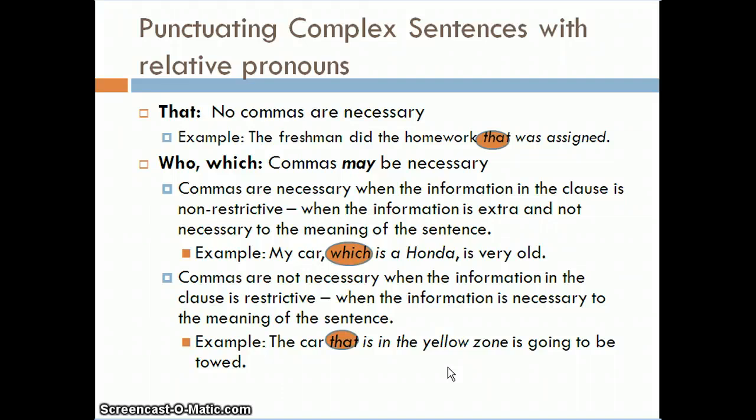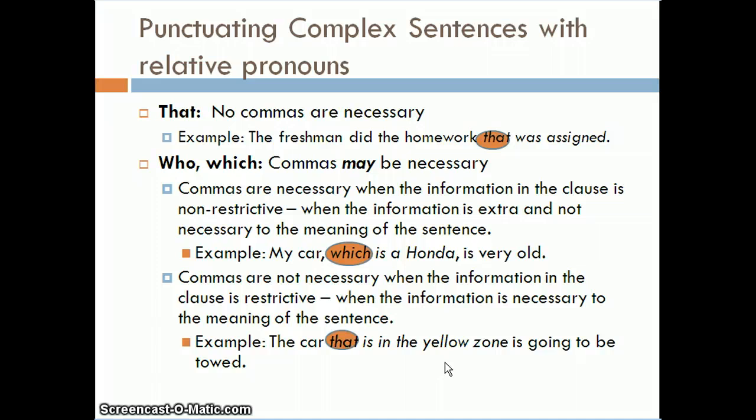So in this case, the information in the relative clause is necessary to the meaning of the sentence. So we do not use commas. So basically, with who or which, we need to use commas if the information in the relative clause is extra information. However, we do not use commas when the information is necessary to the meaning of the sentence.